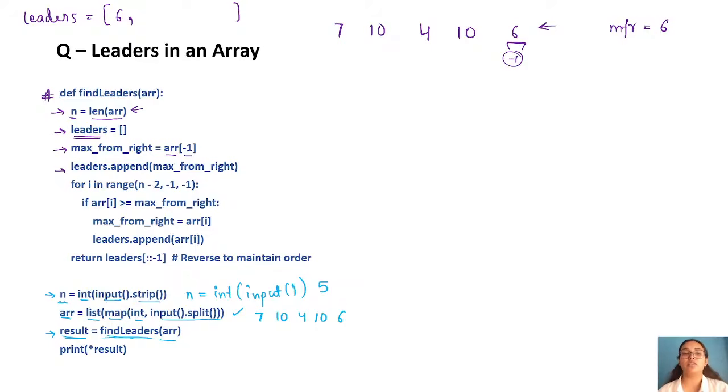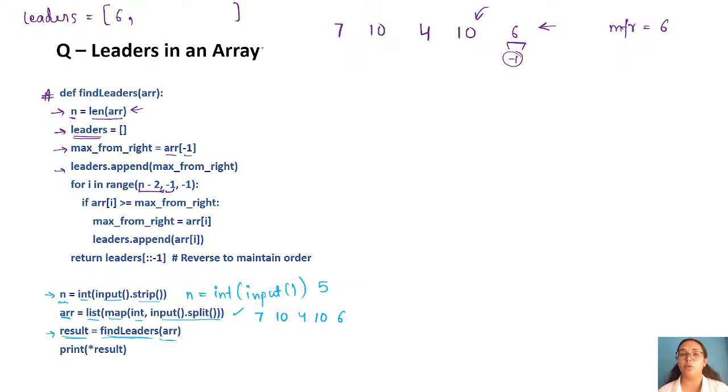Once this is done, we have to start our traversal. We have already worked on the last element, so we have to start the traversal from the second last element. For i in range, you have to start from the second last element, so the starting number is n minus 2. Then n minus 2 comma -1 comma -1.